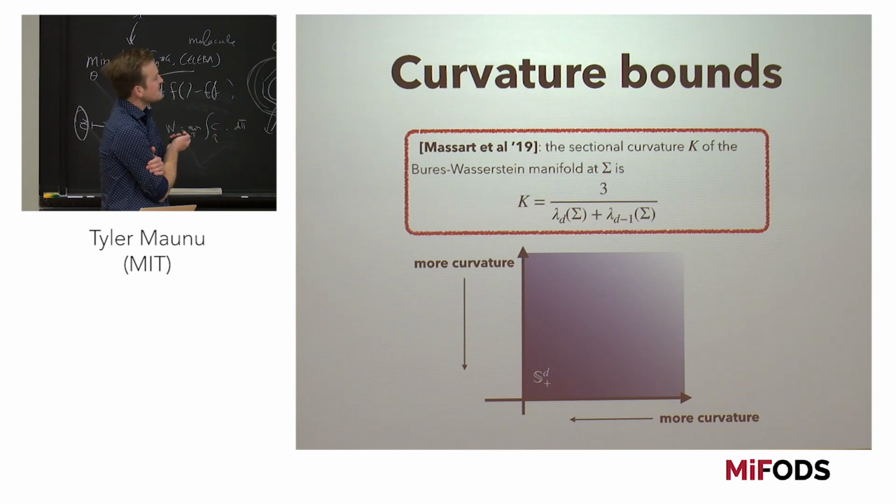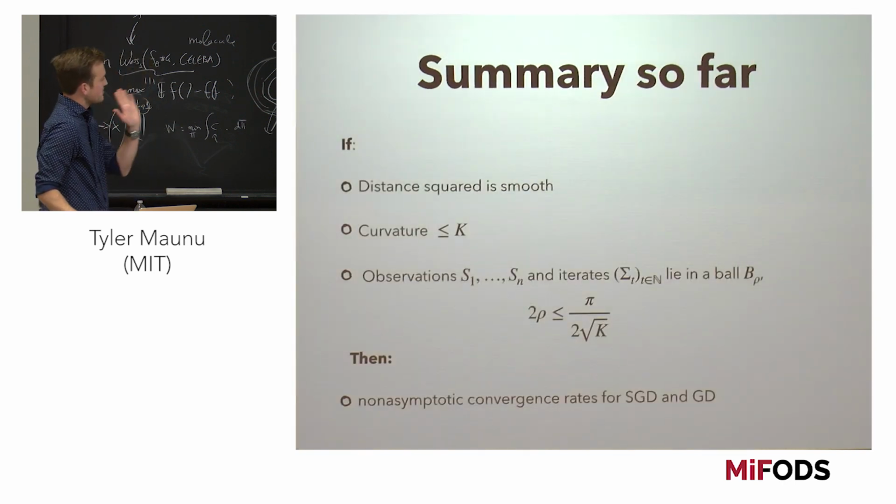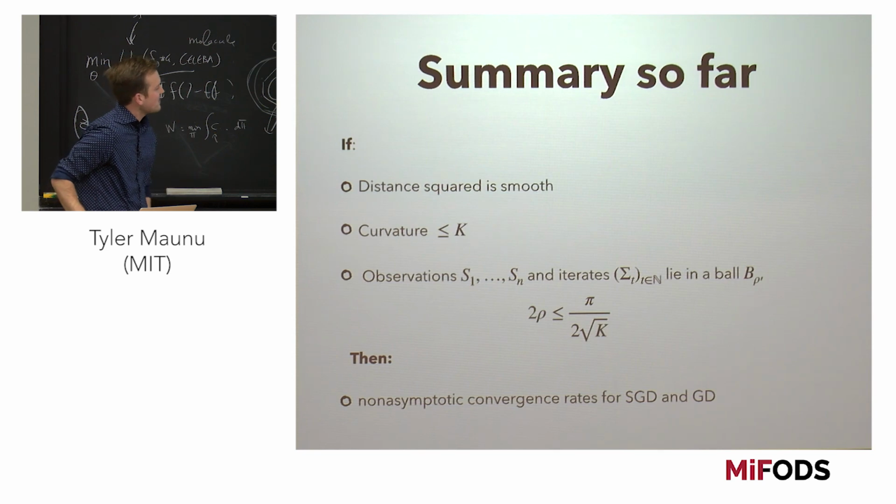And really what you're saying is that as you make these eigenvalues smaller, or as you approach the boundary of the positive definite cone, the curvature grows. But we can actually use this to get a result from geodesically convex optimization that would give us these convergence rates for stochastic gradient descent and gradient descent.